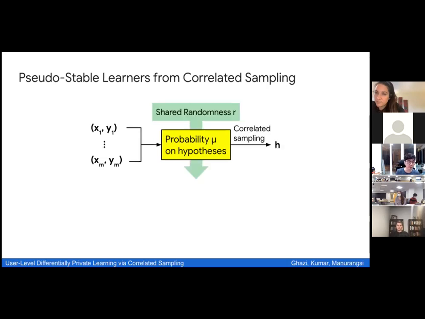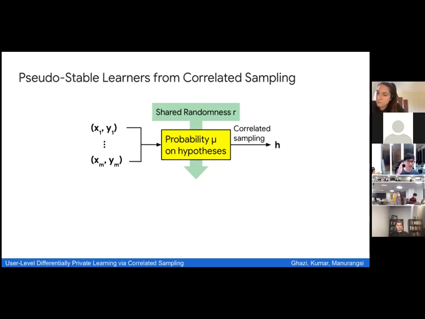And if that's true, then you can just use the shared randomness and the correlated sampling to output the H. Now, if you plug in just the guarantee of the correlated sampling, you see that if mu doesn't change too much across most of the random draws of the xi, then you immediately get the pseudo stable learner.